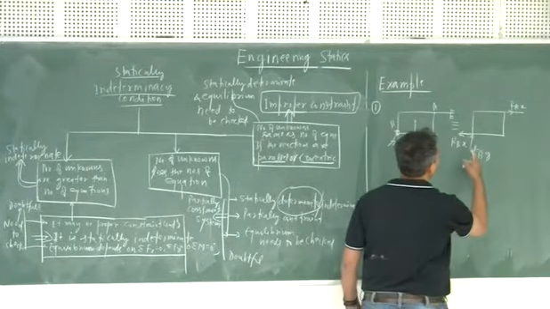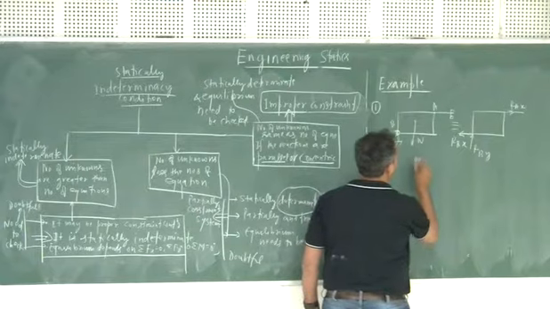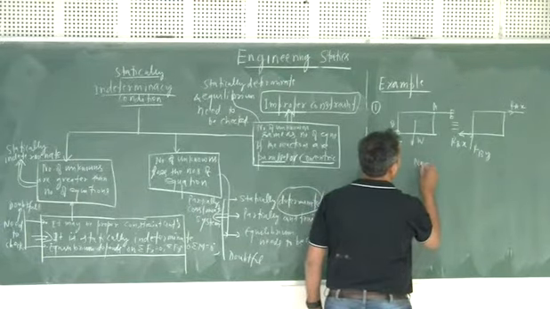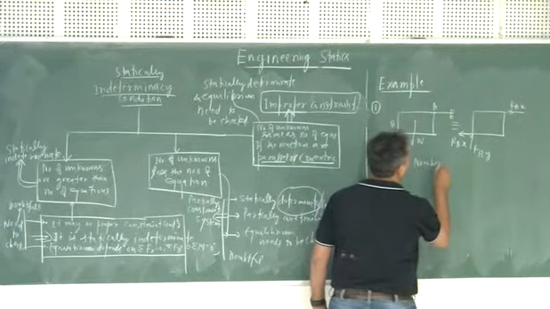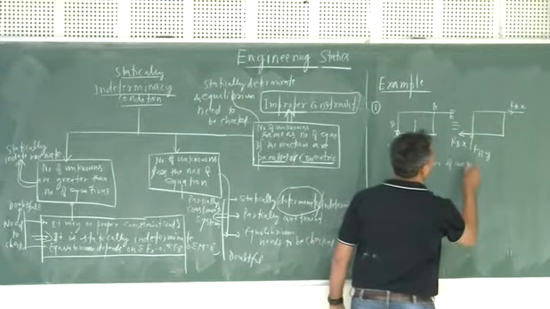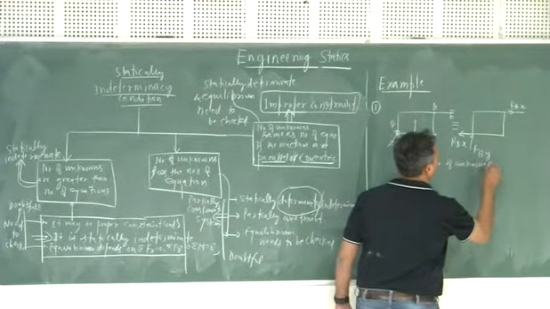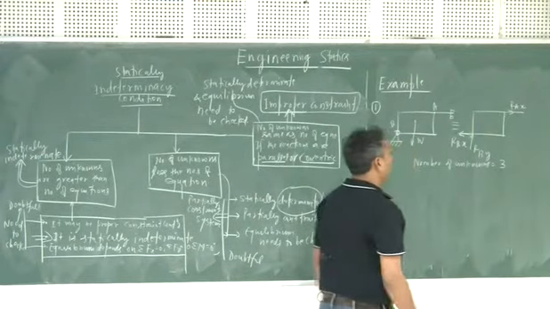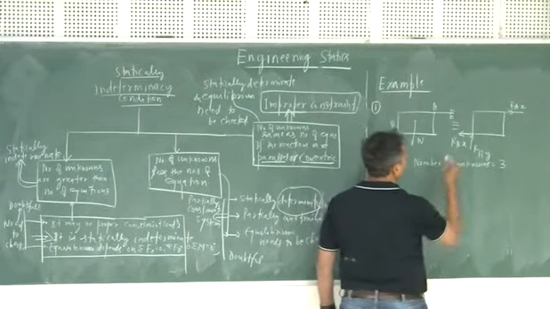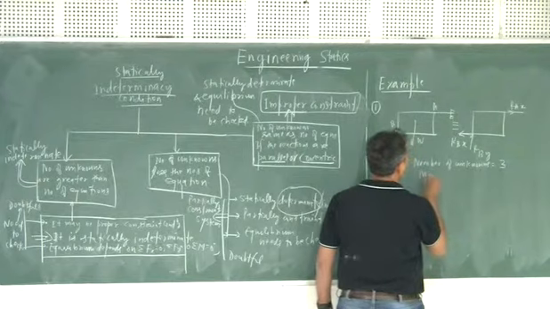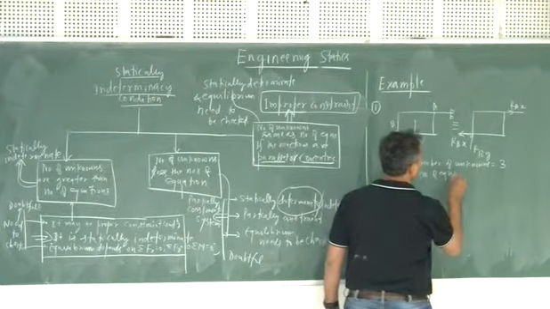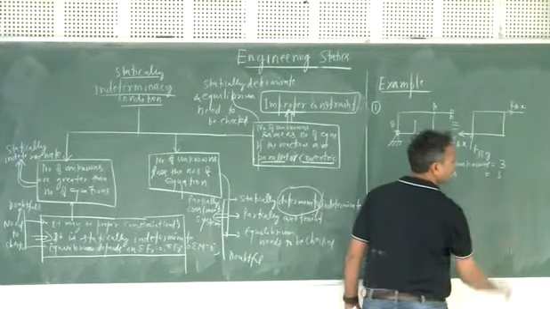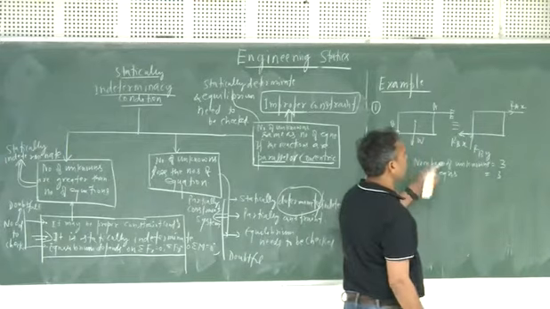So first of all, you will see the number of unknowns over here are 1, 2, and the number of equations are 3. That means it is satisfying the condition.